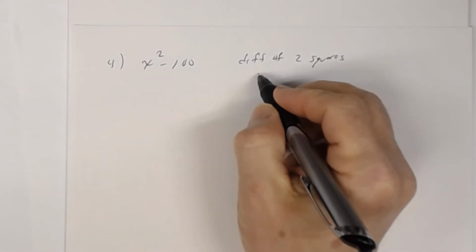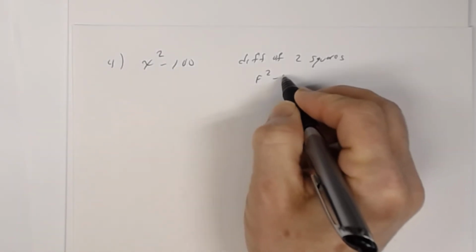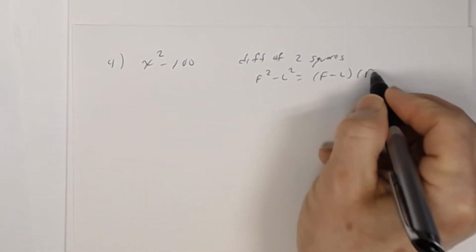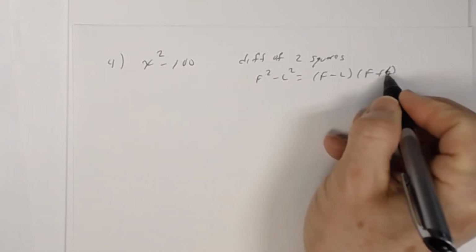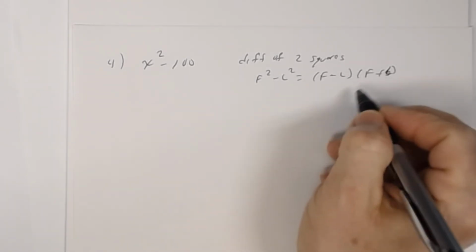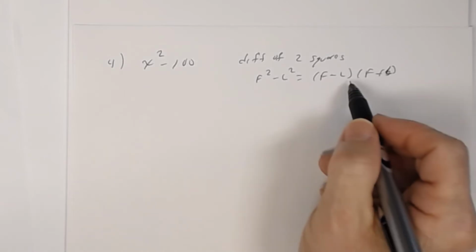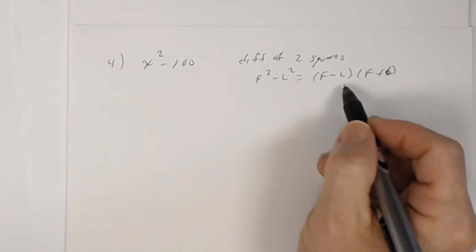And so remember, the difference of two squares, f squared minus L squared, is f minus L times f plus L. So you have your two binomials multiplied together. So the first terms are the same, the last terms are the same, except the signs are different.